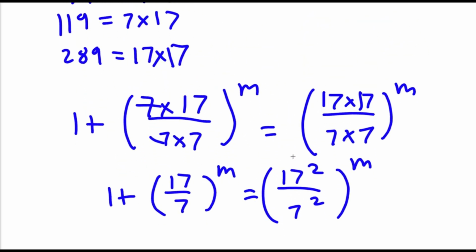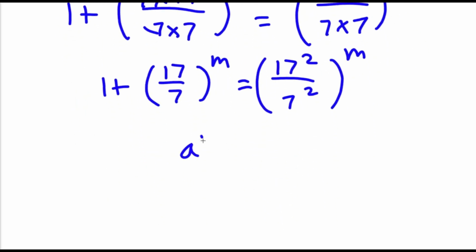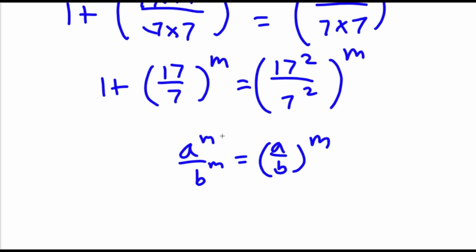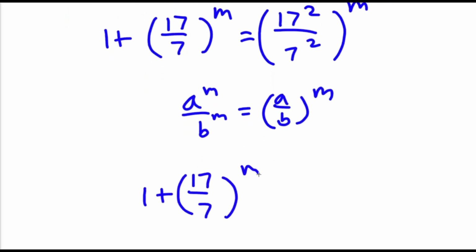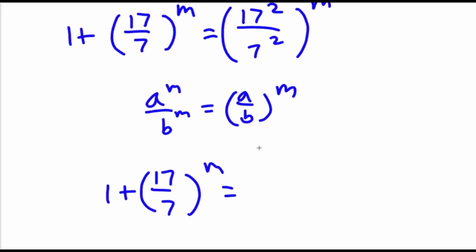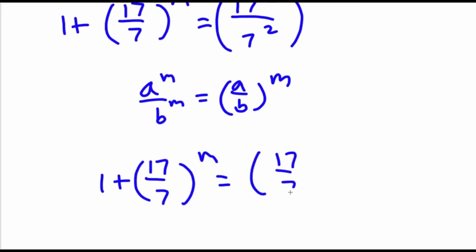Now remember, again, if I have something in the form a to the power of m over b to the power of m, this is equal to (a over b) to the power of m. So in this case, 17 squared over 7 squared equals (17 over 7) squared, and I have this to the power of m.